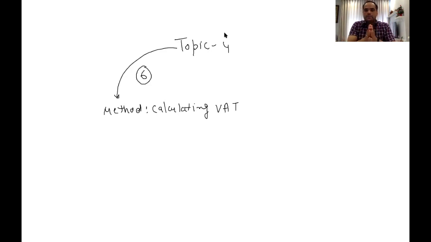So either the business can be newly established or any kind of Vietnamese business, not foreign, and the business has less than 1 billion Vietnam dong turnover, of course, per year. For those kinds of businesses, the credit method is not implemented, right? Even if you meet all the requirements to apply the credit method, the credit method is still not applicable in that situation. So of course we will apply the direct method in that situation. All right, so that's the overview.